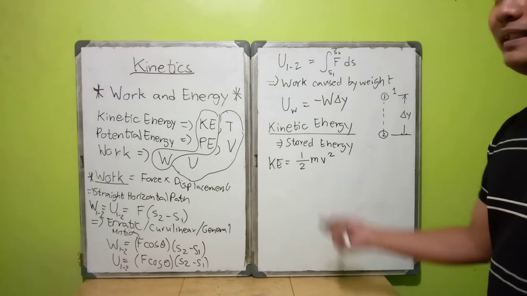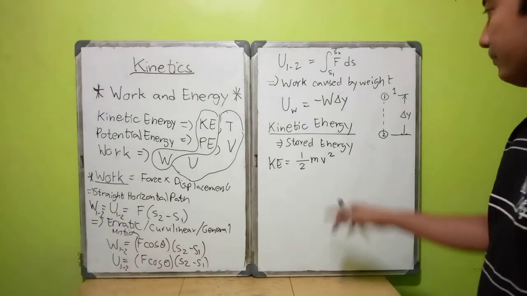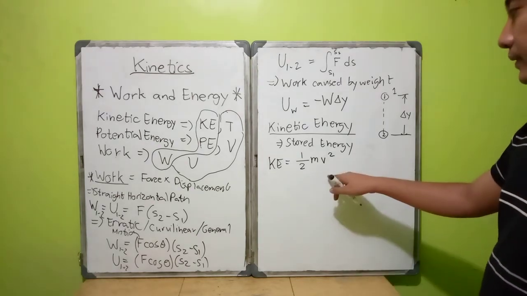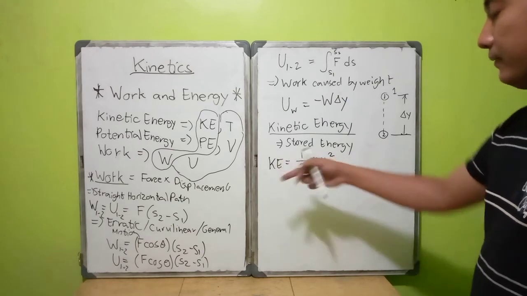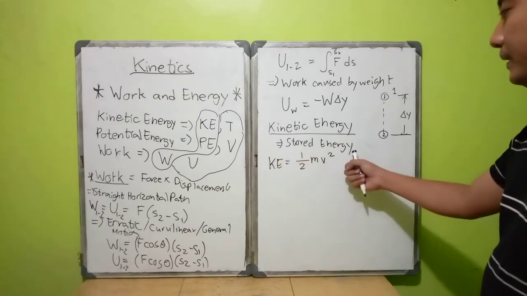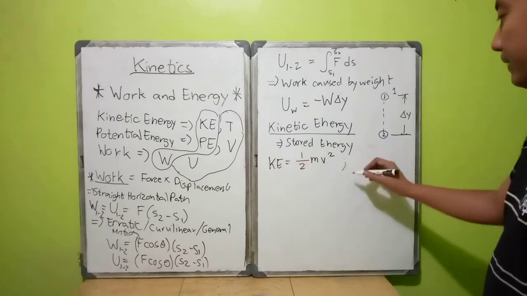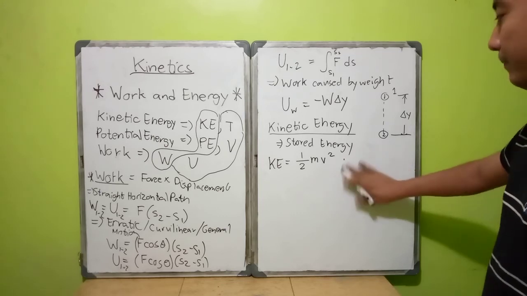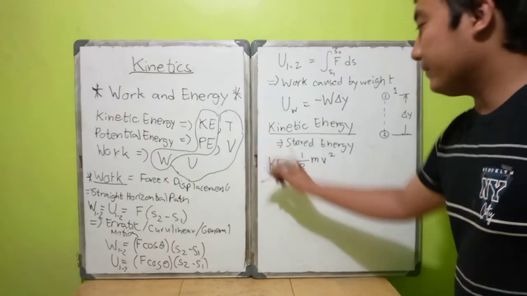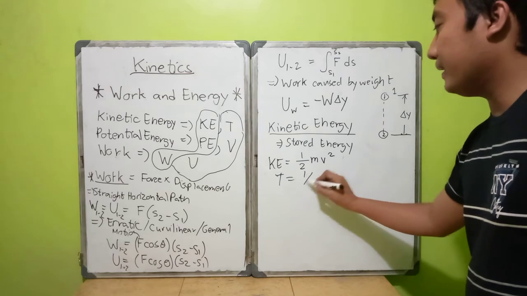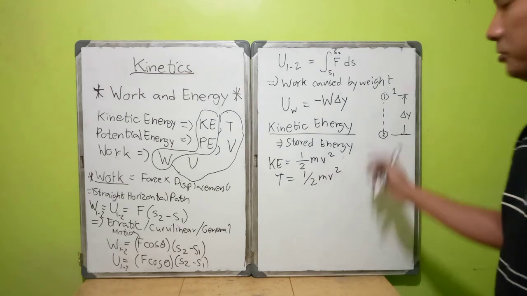This is something that I have not discussed in the last two videos, so I'm sorry. I just would like to clarify, your Ke is equivalent to 1/2 mv squared. From our book, Ke can also be denoted as T, so your T is 1/2 mv squared.